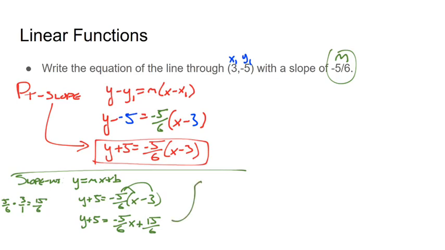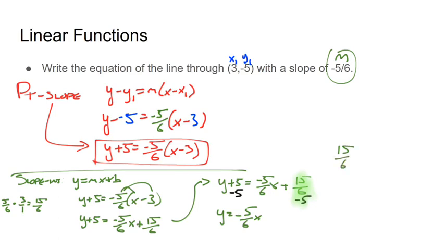I'm going to copy that up here. We've got really one last step. If I have y plus 5 equals negative 5/6 x plus 15/6, we just last need to subtract 5 from each side. Once again, our fractions are getting a little gross here. But if I come over here to the side and do this part, if I have 15 over 6 minus 5 over 1, I need to get a common denominator.